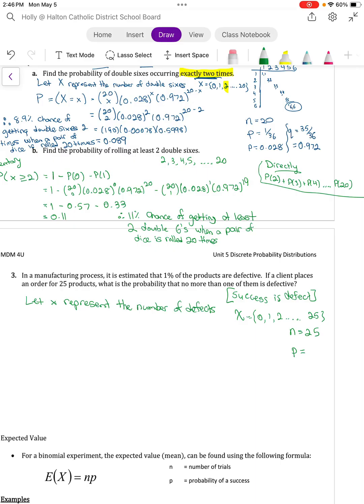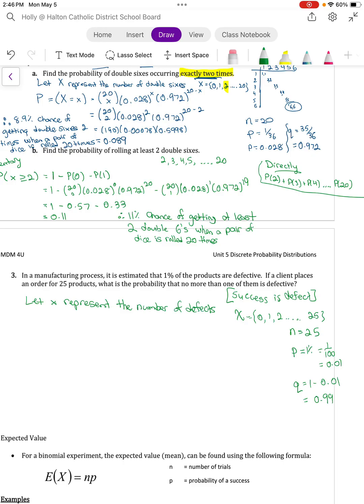So 1% would be success. That would be 1%, which is 1 over 100, and that equals 0.01. Only 1% defective, that would be success. The alternative would be 1 minus 0.01, which is 0.99.